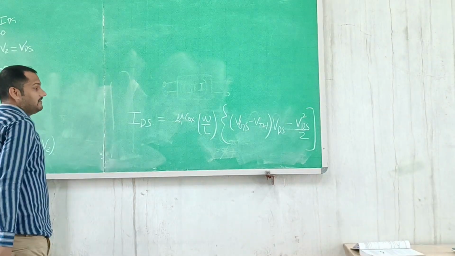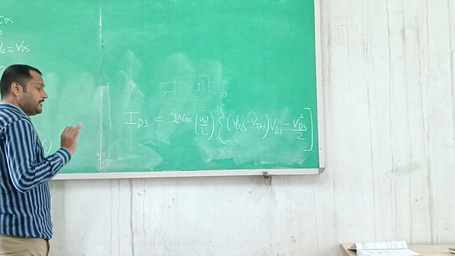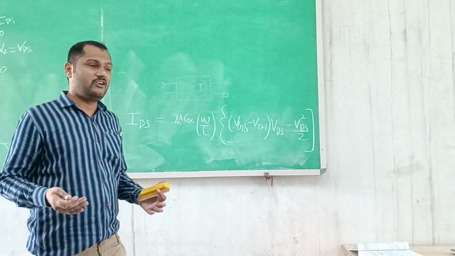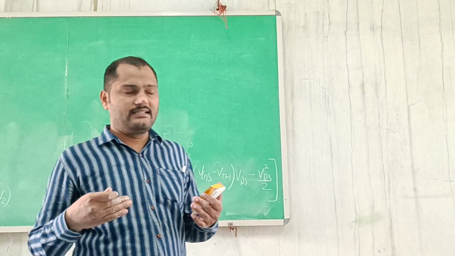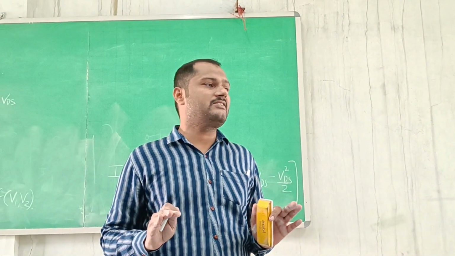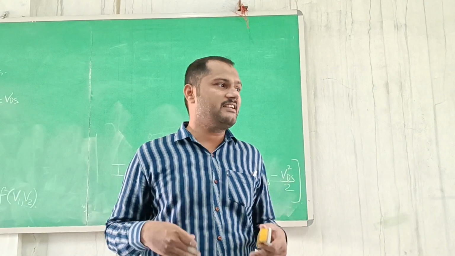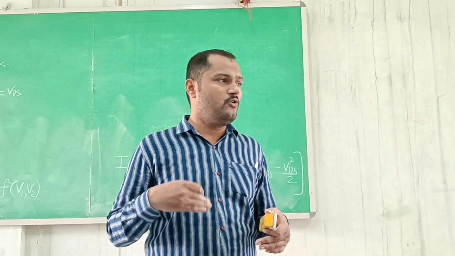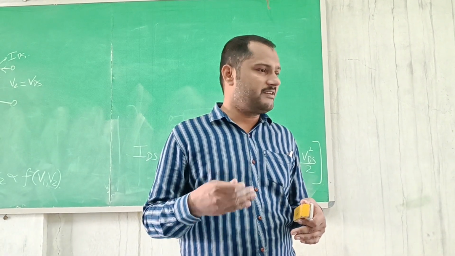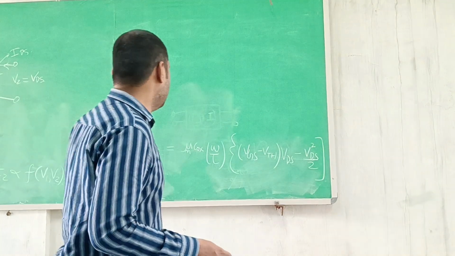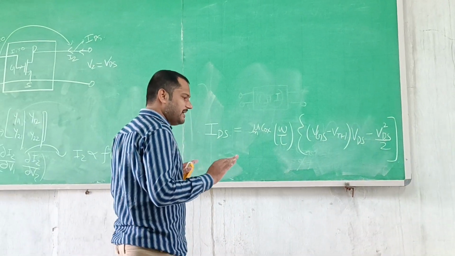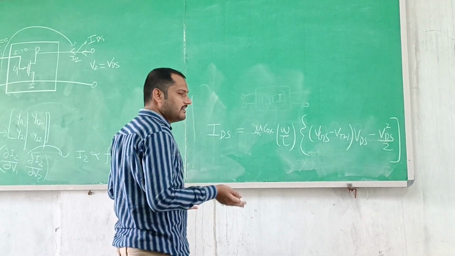When we study anything at first sight, our understanding is not perfect. With more and more iteration, we get nearer to perfect. So this equation uses the basic device physics, but when we improve, this equation will change.